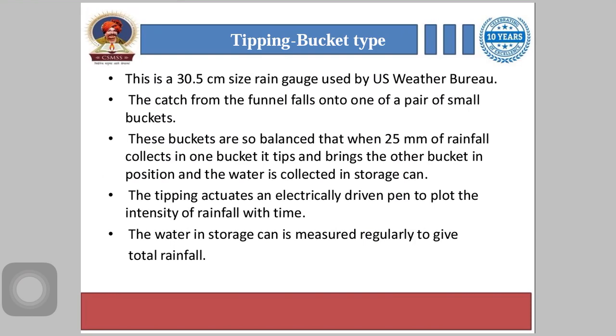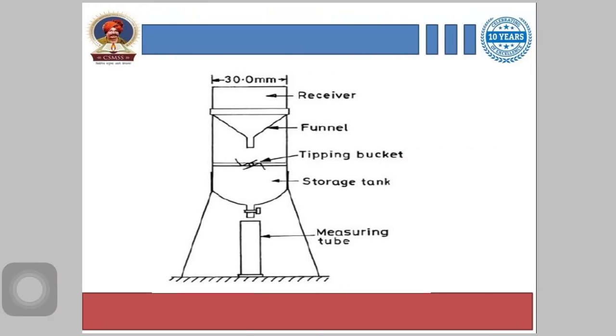In centimeters it is mentioned as 30.5 centimeter size, and the rainwater is received by the sharp edge receiver, and at the end of this receiver a conical flask is provided, and a pair of small buckets, known as the tipping buckets, are provided.